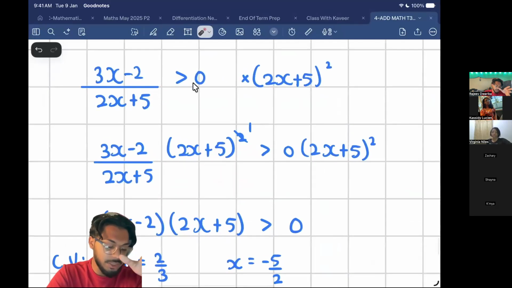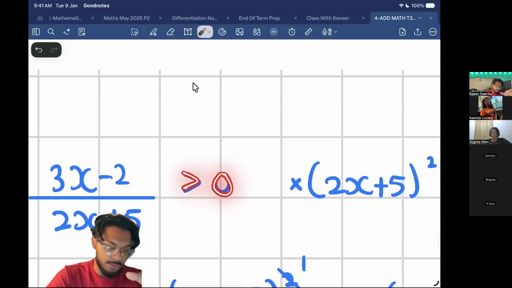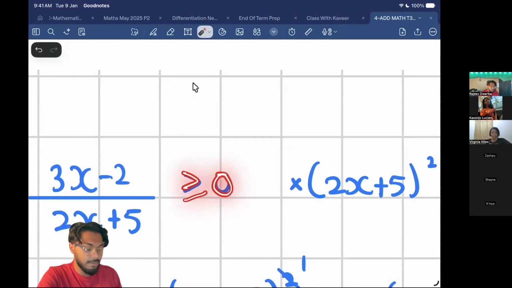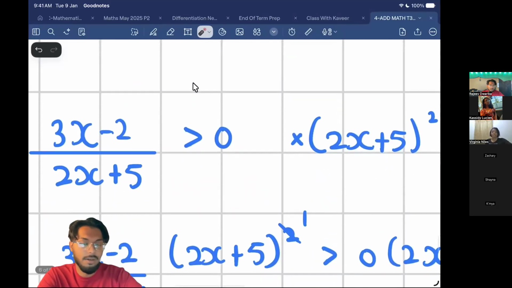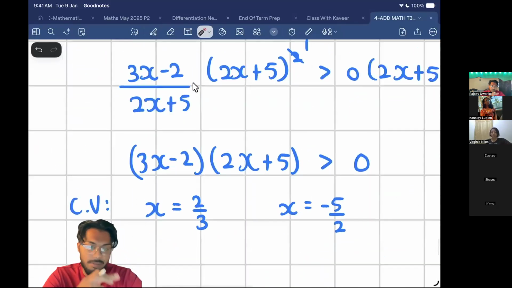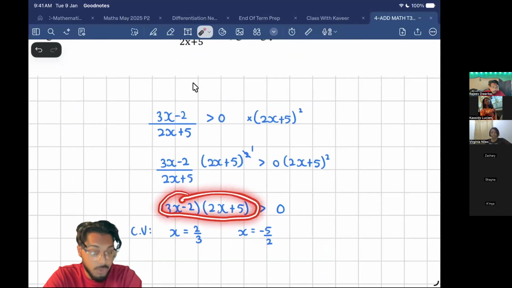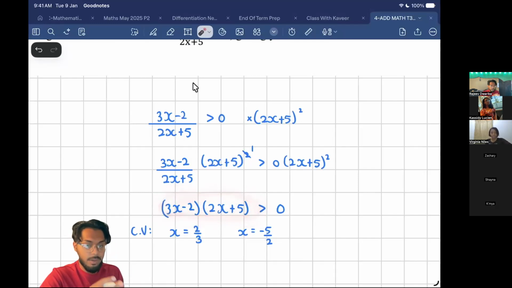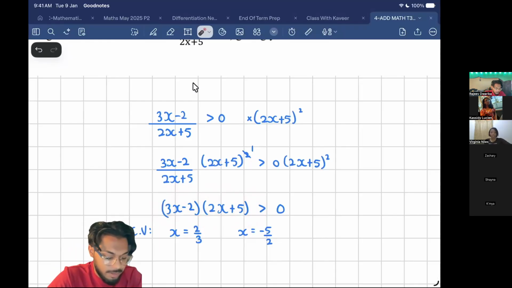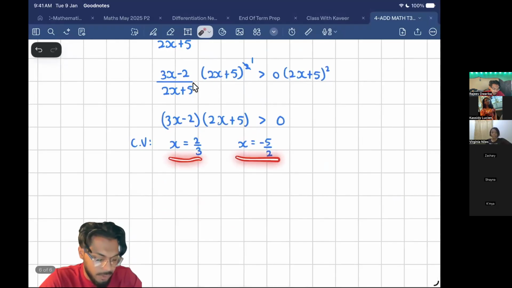But if you look at the question, it's more than 0. It never said more than or equal to 0, so in our final answer, we won't have any equal to, so we'll be fine. We multiplied by (2x + 5)^2 and ended up with a quadratic, so now I'm going to graph the quadratic to see where my solution would be. So everybody okay with the critical values or no?